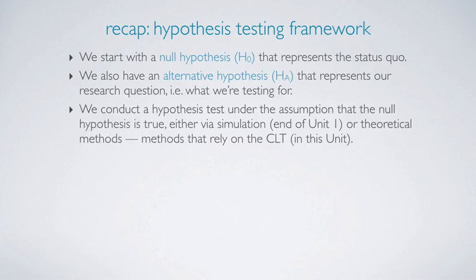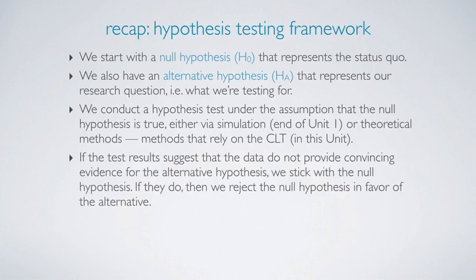We conduct a hypothesis test under the assumption that the null hypothesis is true, either via simulation, that's what we did at the end of Unit 1, or using theoretical methods that rely on the central limit theorem, and that's what we're going to do in this unit. If the test results suggest that the data do not provide convincing evidence for the alternative hypothesis, we stick with the null hypothesis. If they do, then we reject the null hypothesis in favor of the alternative.